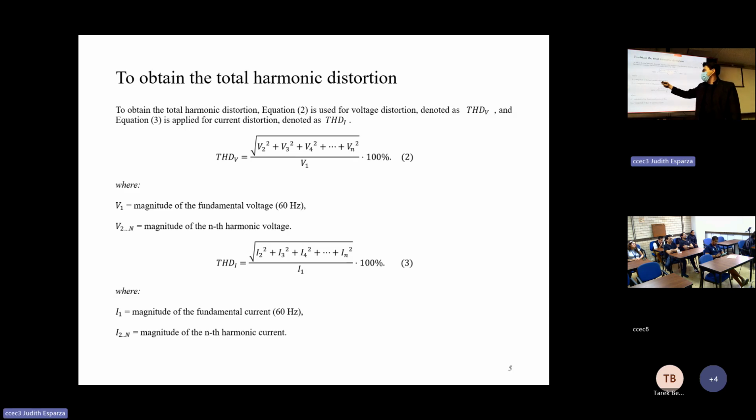V2, V3, V4, V5, V6 are the magnitudes of the harmonic voltages. Another equation is for current, which is the same. I1 is the magnitude of the fundamental current, 60 Hz, and I2, I3, I4, up to In are the magnitudes of the harmonic currents.